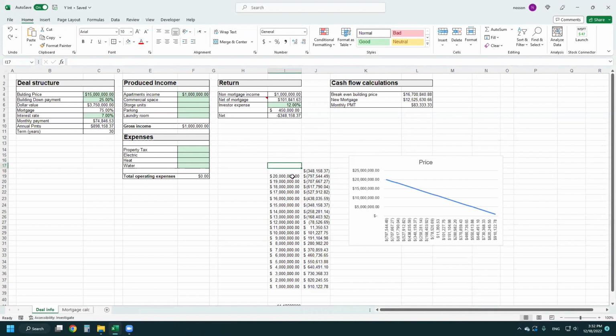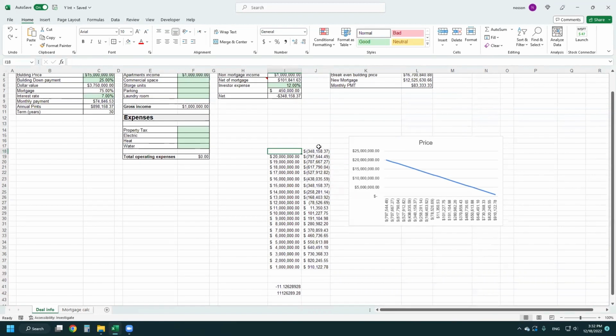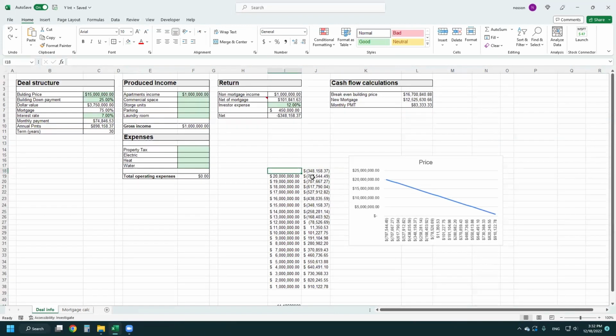So if we build a table ourselves instead of using the data table feature, which is entirely possible, there's not that much data, it's not too hard. We could write the formula ourselves and drag and autofill it down, so we could have a dynamic one.